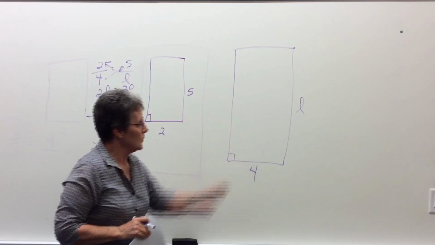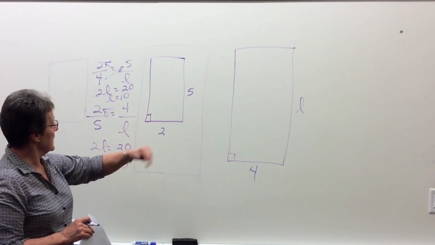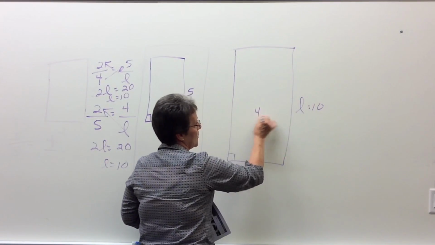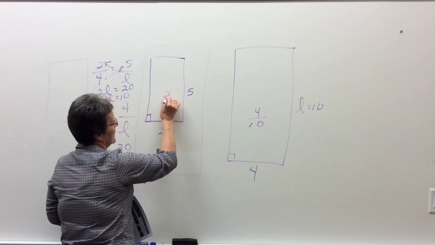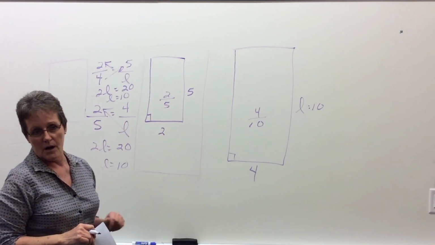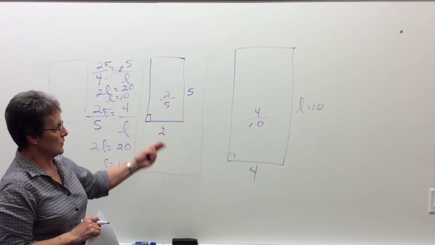So these two rectangles are proportional because they both have the same ratio, 2 to 5 and 4 to 10. So we were comparing our width to our height and our width to our height or length. So if they're equal, they're proportional, they're also similar.